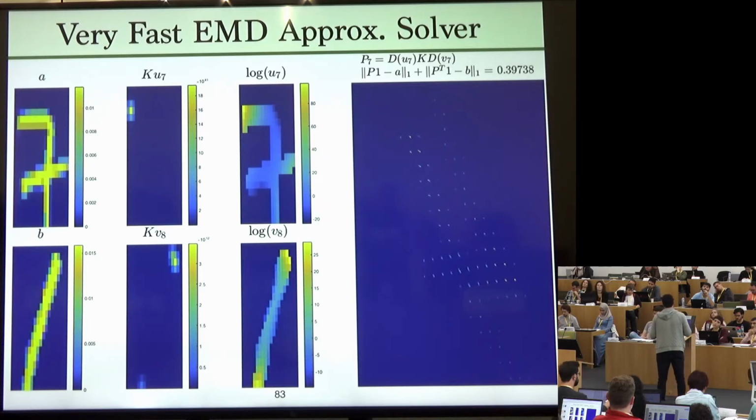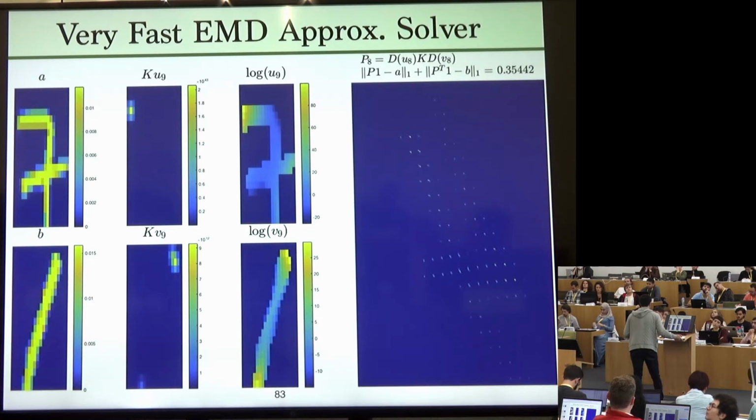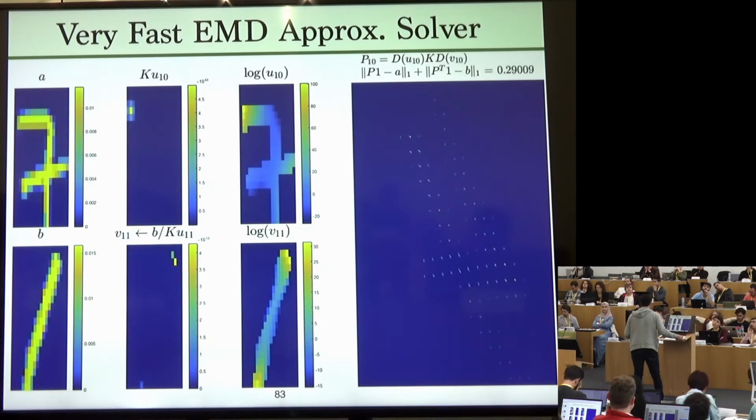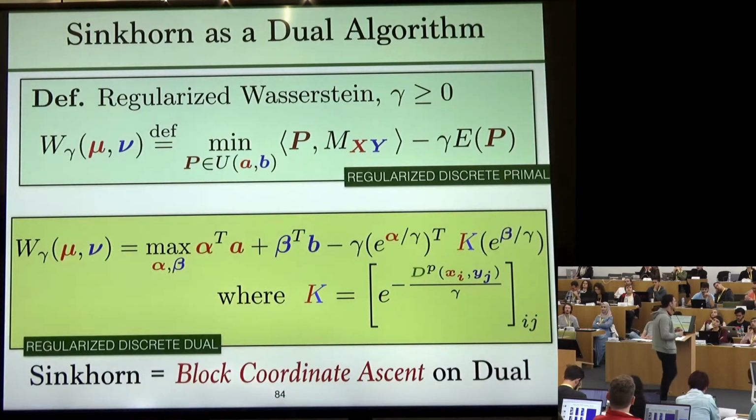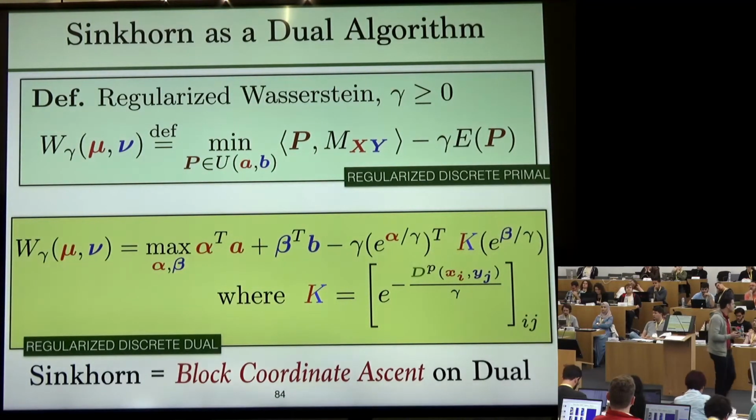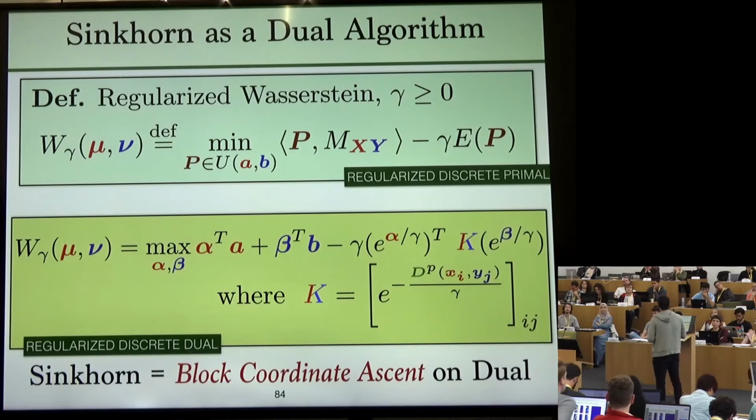And the second thing is, there is a very natural interpretation to what you're doing, actually. And that interpretation is that you can reinterpret this regularized optimal transport problem in the primal as trying to solve a dual problem, which is the dual of this optimization problem on the top.